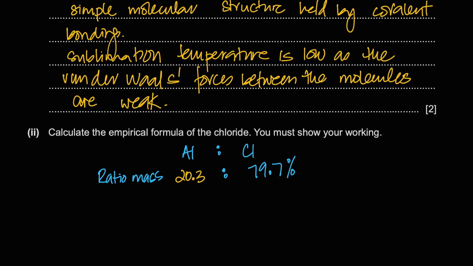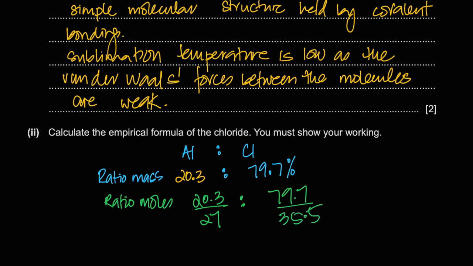Then you'll want the ratio of their amount, or moles, of atoms. Ratio by moles. So for that, all you do is just divide by the Ar. I think it's 27. I'm not sure, 27.1. I forgot. And you divide and then you simplify this ratio. And you would get the simpler ratio as 1:3, which means the empirical formula is AlCl3.